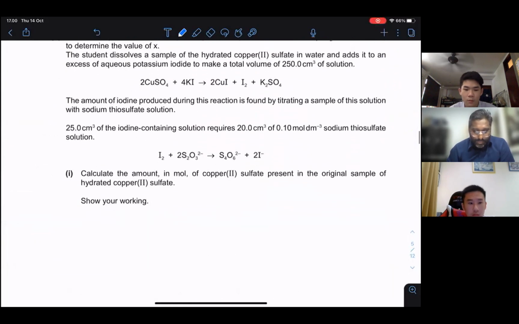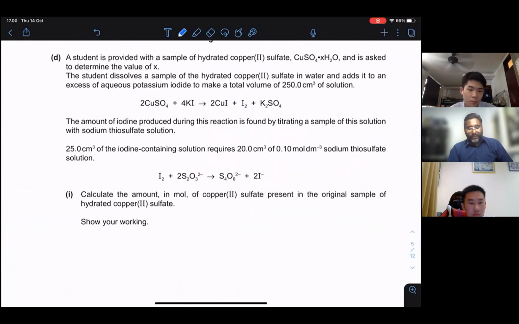Now, the next question over here: a student is provided with a sample of hydrated copper 2 sulfate and asked to determine the value of x. The student dissolved the sample of hydrated copper 2 sulfate in water and adds it to an excess of potassium iodide to make a total volume of 250 cm cube solution.